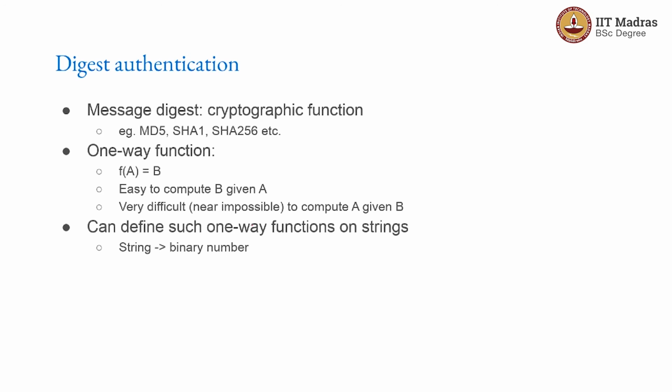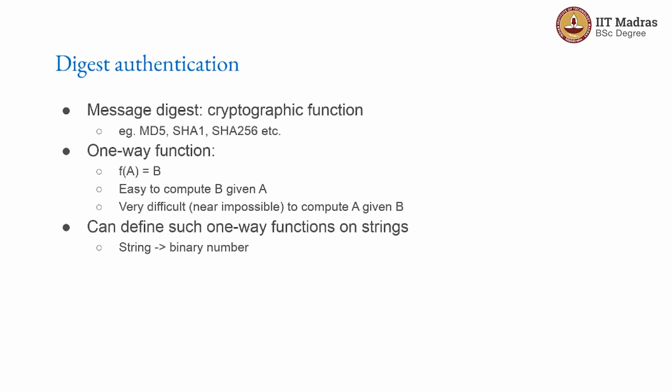A slightly better variant of HTTP basic authentication is what's called digest authentication. Now, in digest, like I said, all of this starts coming into the realm of cryptography. And cryptography essentially deals with how to store and transfer secrets.